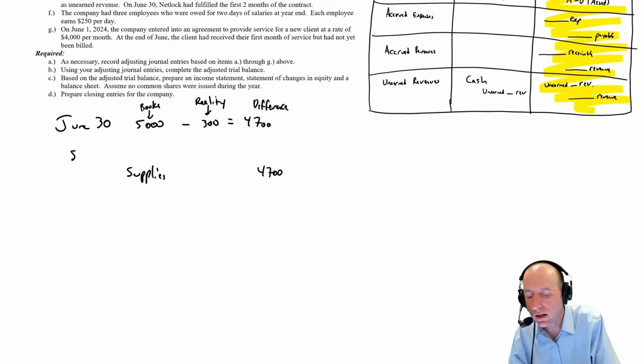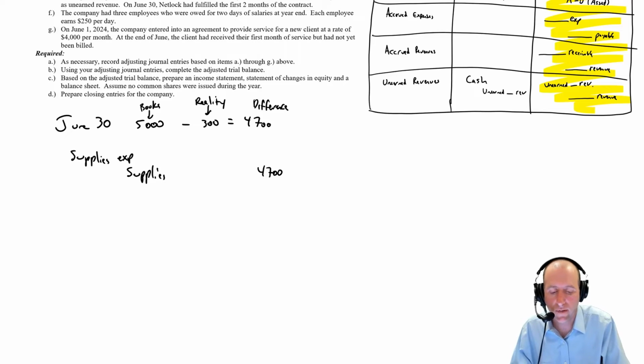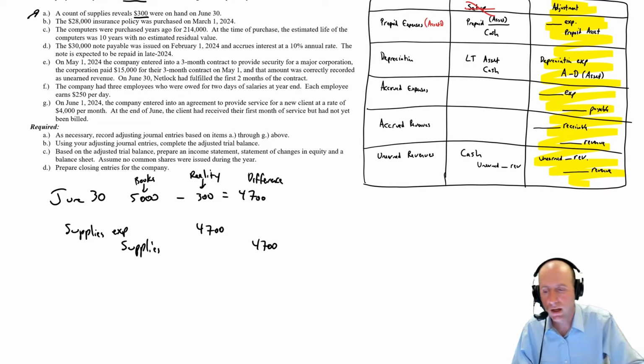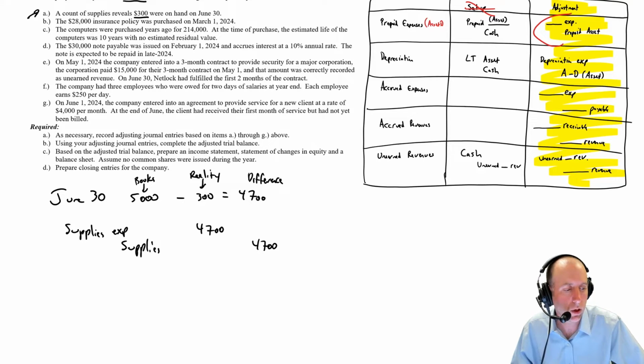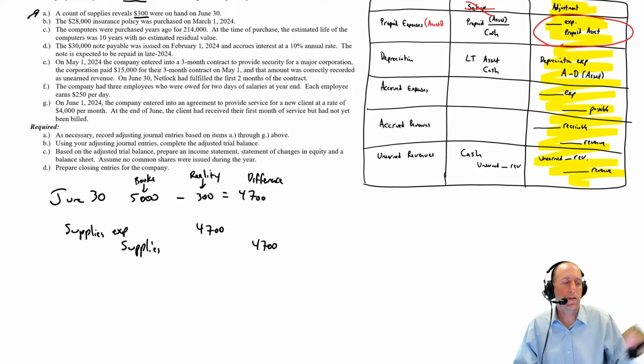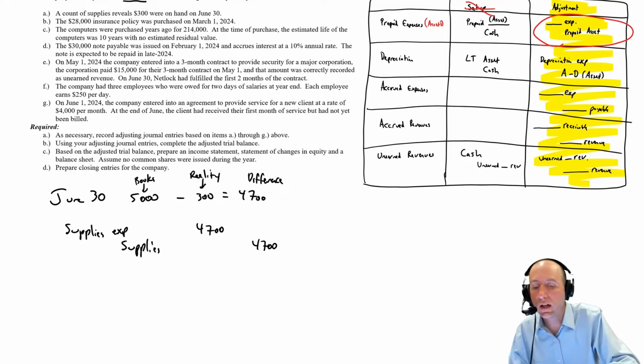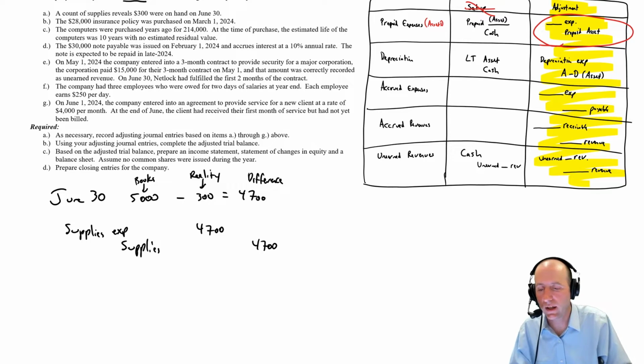The debit here is to supplies expense, to record the fact that I used up some of my supplies. And you can see up here the journal entry for prepaids: debit some sort of expense, credit some sort of prepaid asset. In this case, it's supplies expense and supplies. We've got another prepaid coming, so I'll just leave this highlighted.